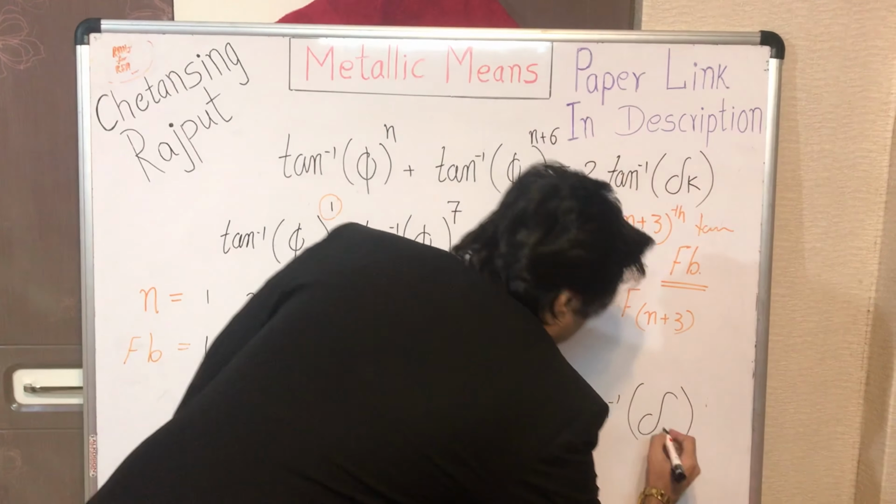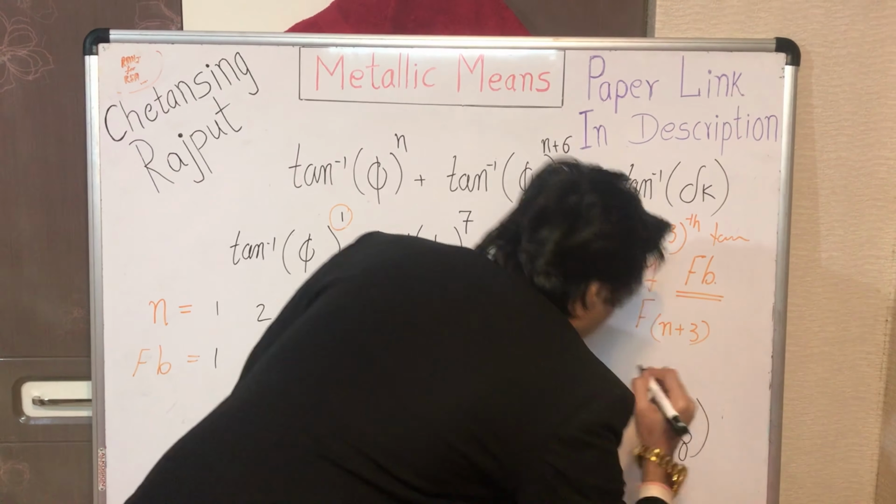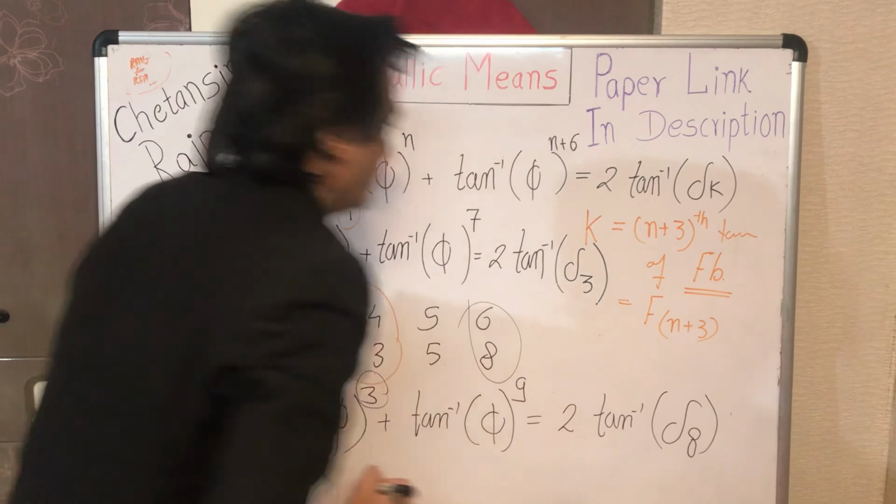Hence here we will get the precise value of the 8th metallic mean. So the second formula is applicable only in the case of the golden ratio.